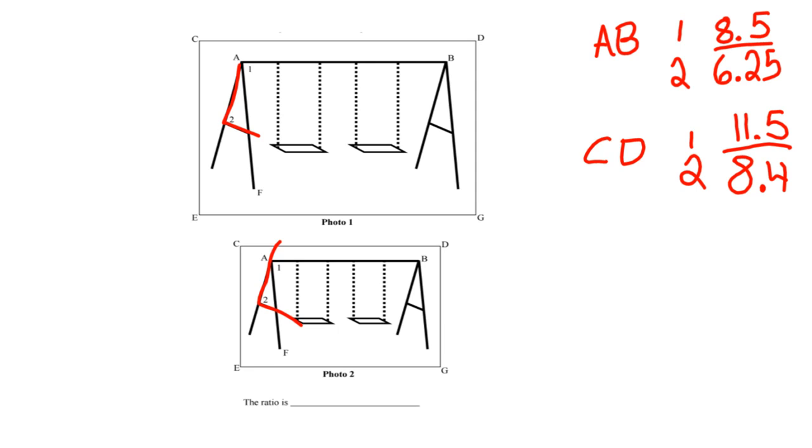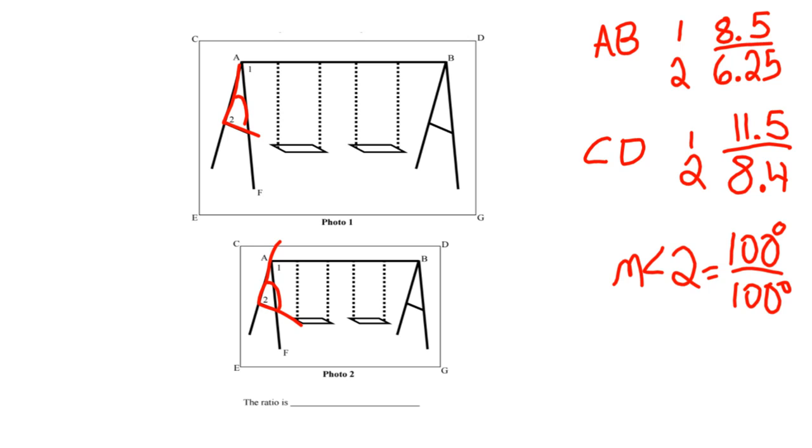The only way to find that out is to get a protractor. It's going to be hard to show a protractor, but if I do use my protractor and find the measure of angle 2, it's actually going to be equal to 100 degrees, and that is in both images.